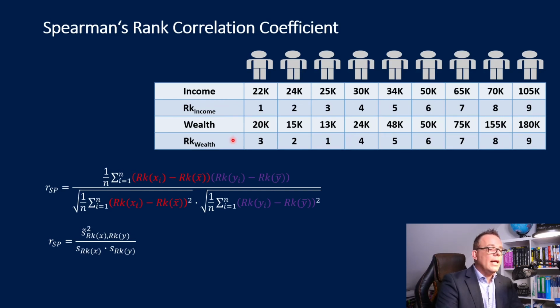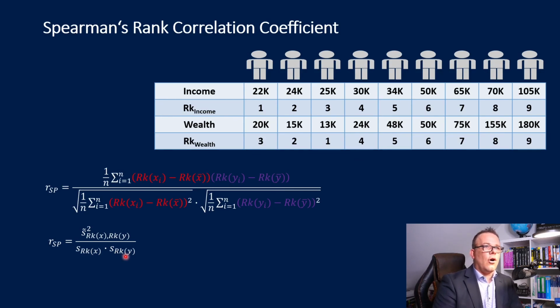Now, the Spearman correlation coefficient, the rank correlation coefficient, is defined just like Pearson, but based on the ranks. So here we see the covariance of the x ranks times the epsilon ranks, and here the standard deviation of the x ranks and of the epsilon ranks. Or, written in brief terms, the covariance of ranks divided by the standard deviation of rank x times rank epsilon.